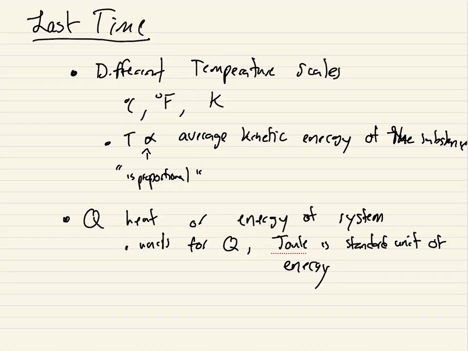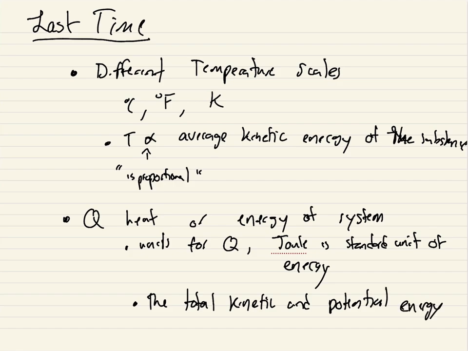And what was Q related to in terms of kinetic and potential energy for the particles in the system? It's the total kinetic and potential energy. So the heat is related to the sum of all the kinetic energy and the potential energy.